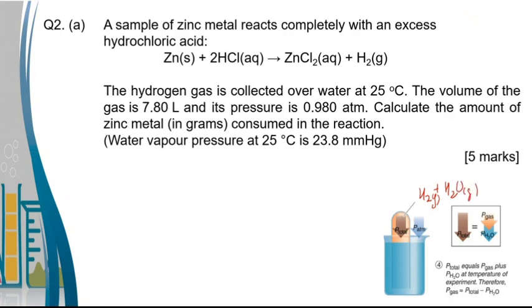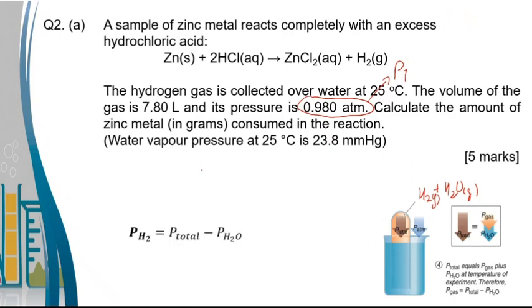So the P total given here, 0.980 atmosphere, is not merely for the hydrogen gas. It involves the partial pressure of the water vapor as well.